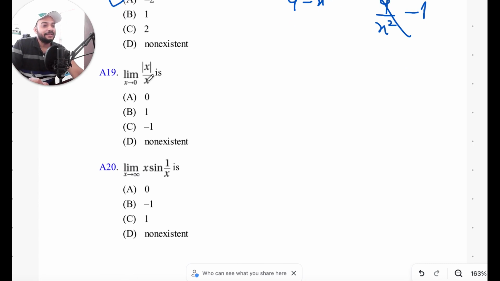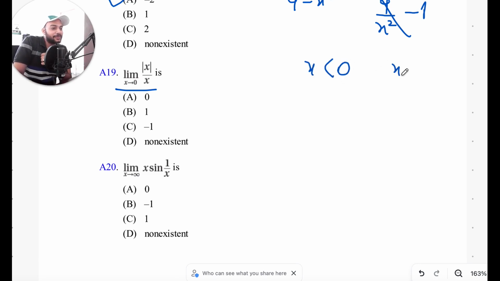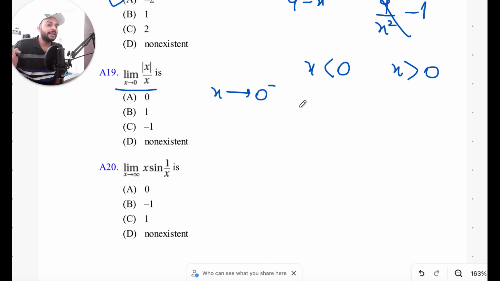Question number 19. Limit x tending to 0 of mod of x over x. To check the limit for this, since it's a mod of x, it is different for x less than 0 and x greater than 0. We'll have to check the left hand limit and the right hand limit to see if the limit exists. For x tending to 0 minus, that means it's approaching from the left side, slightly less than 0 values.